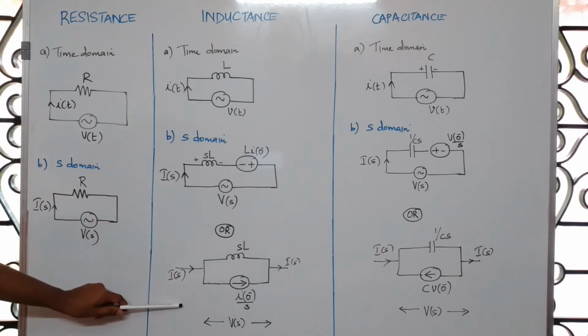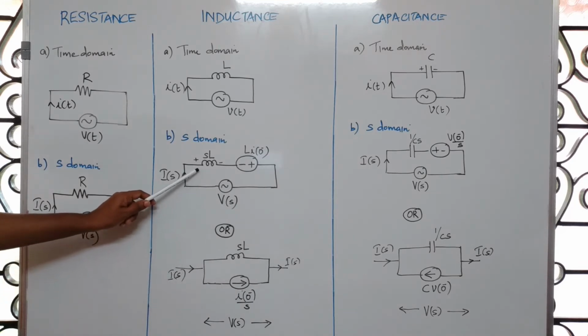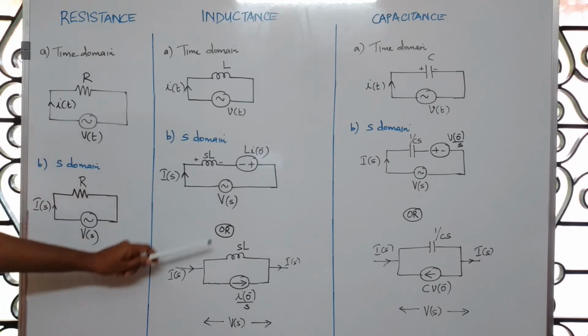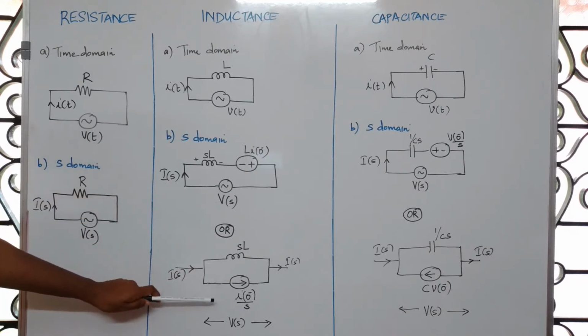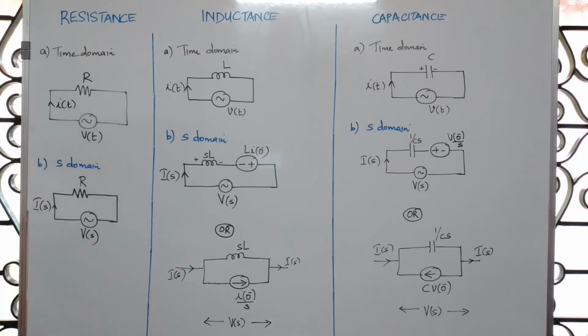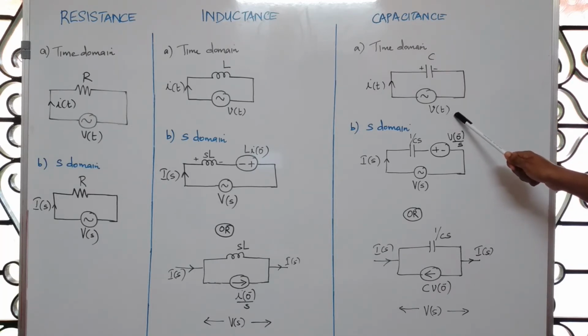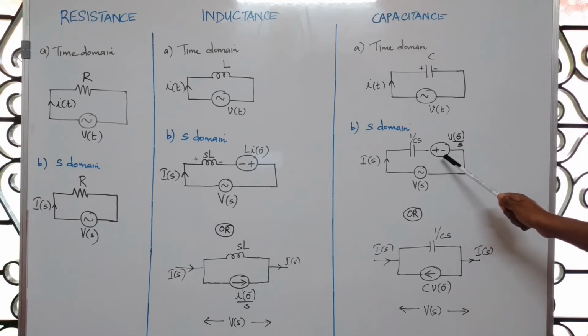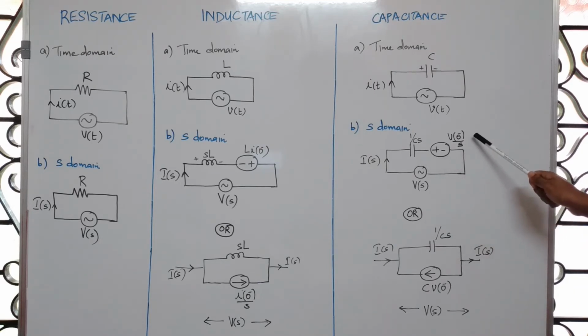Now this can be represented in another form. Here it is inductance in series with a voltage source. This is represented by inductance in parallel with a current source. Now when it comes to a capacitor, we have a capacitor of value C to which I am applying a voltage v(t) resulting in a current i(t). Here also in S domain the capacitor will be in series with a voltage source having value v(0-)/s.